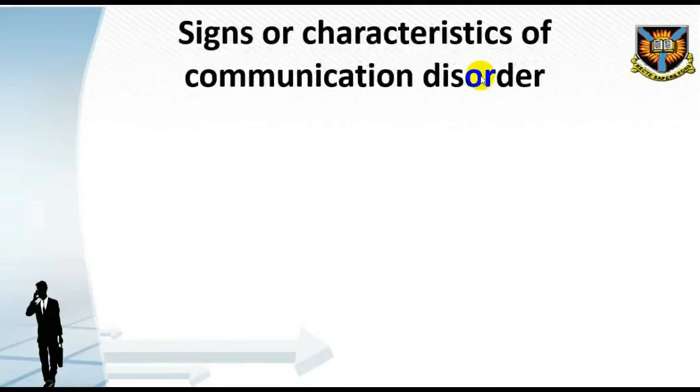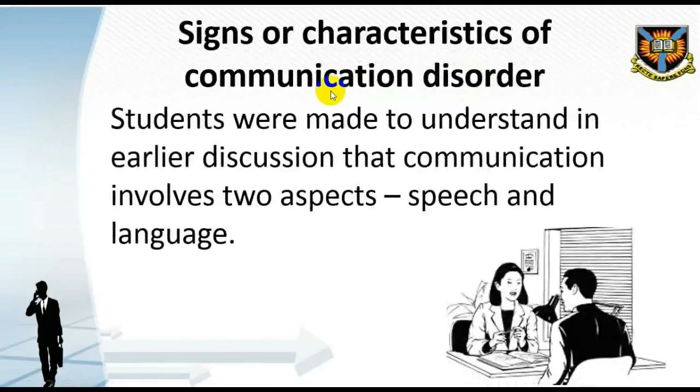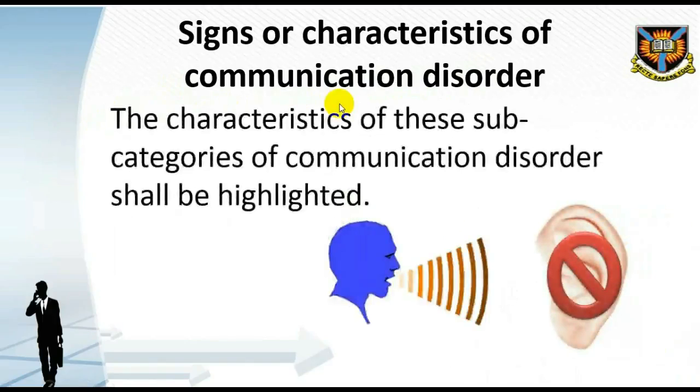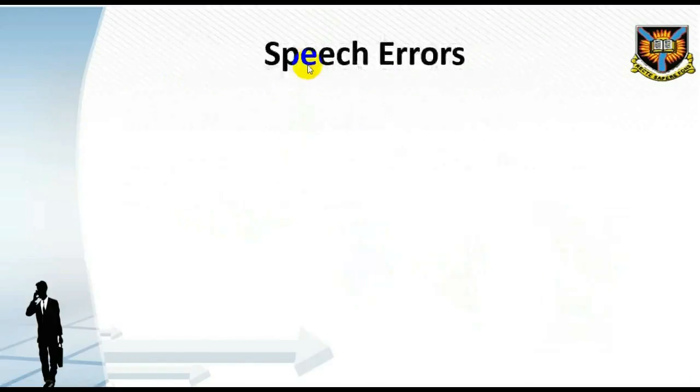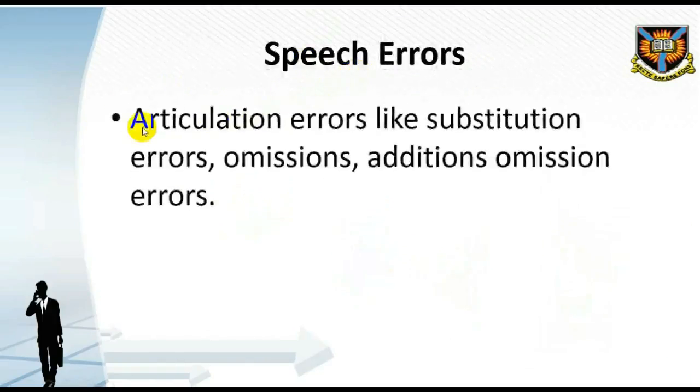Signs and characteristics of communication disorder. We have made you to understand in earlier discussion that communication involves 2 aspects, speech and language. The characteristics of these subcategories of communication disorder shall be highlighted. Speech errors. 1.